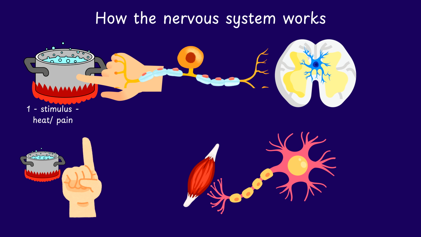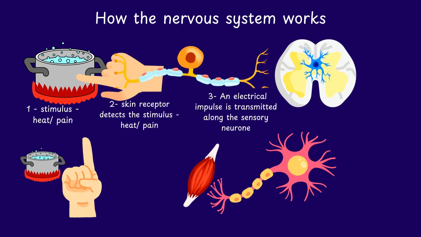Let us look at how the nervous system works using a common example. So first there is a stimulus, and in this case the stimulus is heat or pain. Number 2, the skin receptor detects the stimulus, which is heat or pain, and also generates an electrical impulse, which is then transmitted along the sensory neuron.